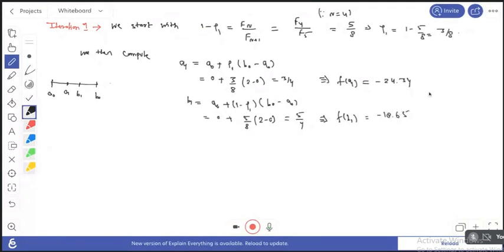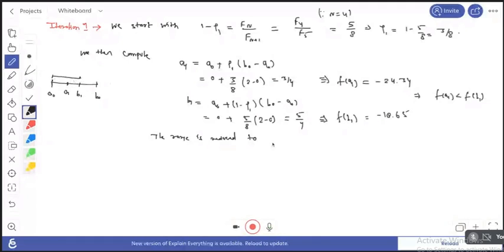So this implies that f(A1) is greater than f(B1). So this means your range is reduced. So the range is reduced to, because A1 is greater, your range is this, that is A0 B1.